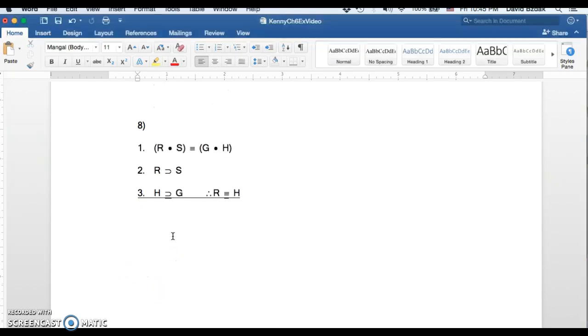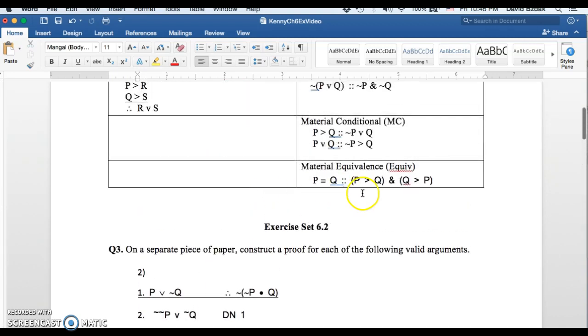Okay, so this is number 8, and you can see our conclusion here is a biconditional. We have some conditionals as premises and a biconditional as premises. Now, if you remember back to the material equivalence, this tells us a biconditional is equivalent to these two conditionals.